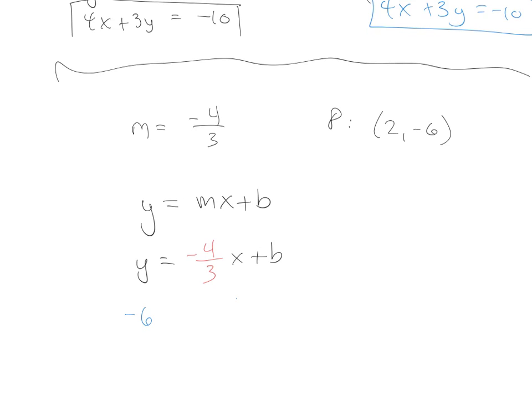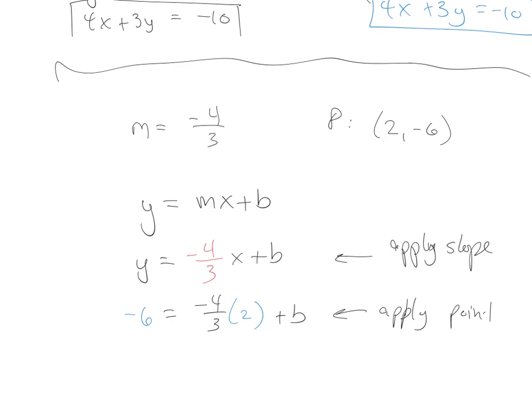Negative 6. X is 2. So this step here is applying the slope. All right, you're plugging it in. This step here is applying the point, and then solve for b.